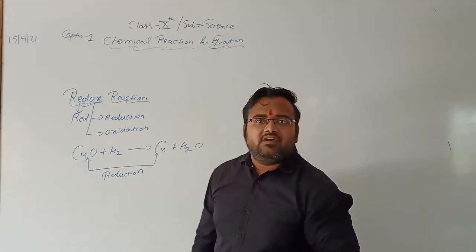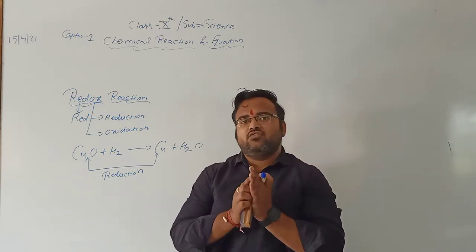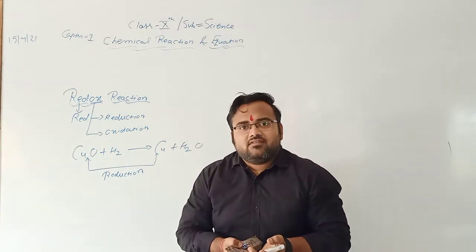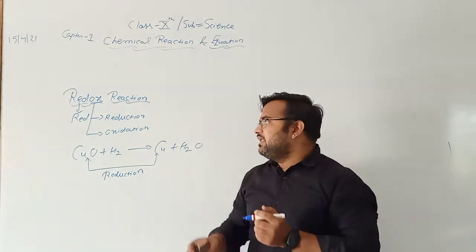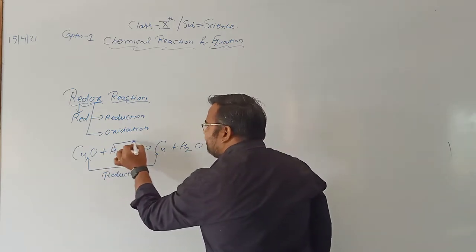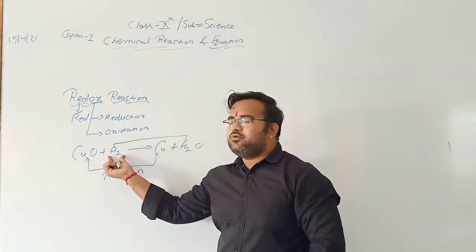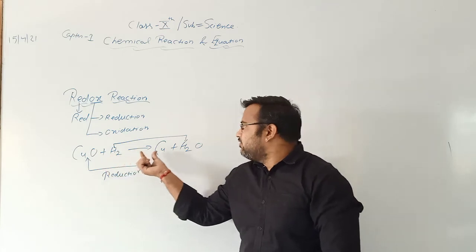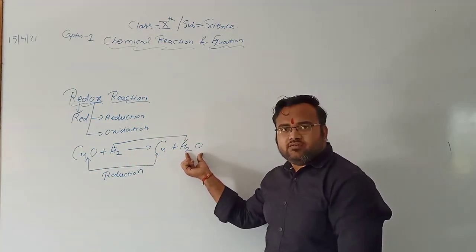According to the definition, when any element loses oxygen, that reaction is known as reduction reaction. And when any element gains or combines with oxygen, that reaction is oxidation reaction. In this reaction, on the left hand side only hydrogen gas is there, and from reactant side to product side we can clearly see that hydrogen has gained the oxygen.